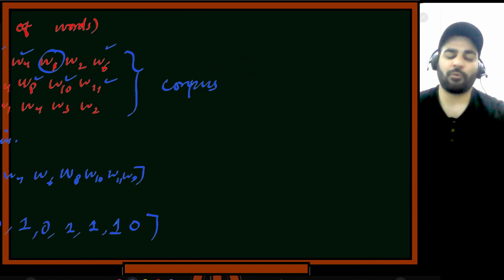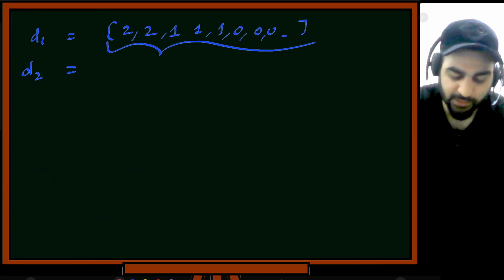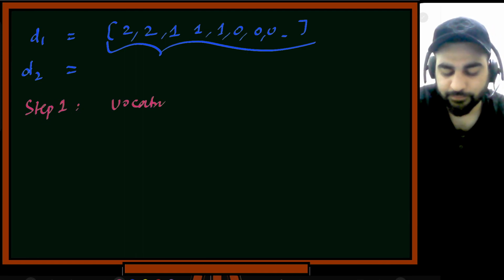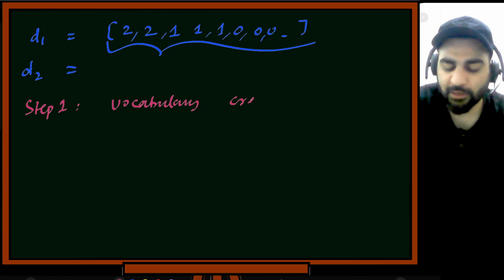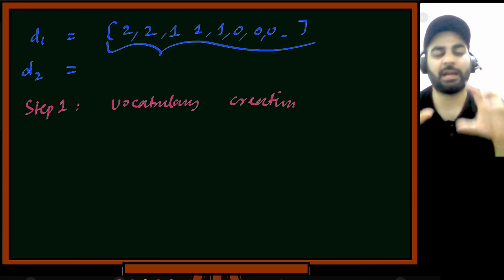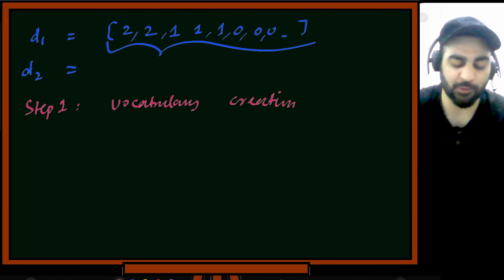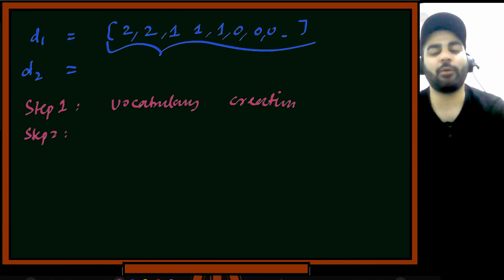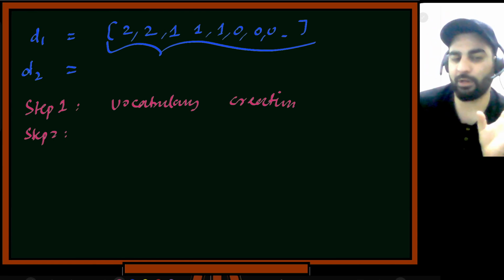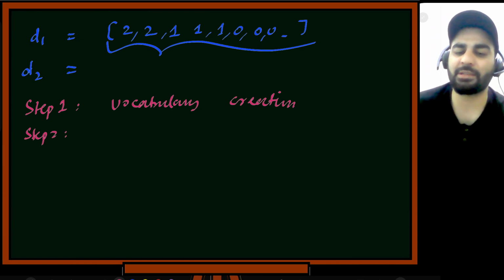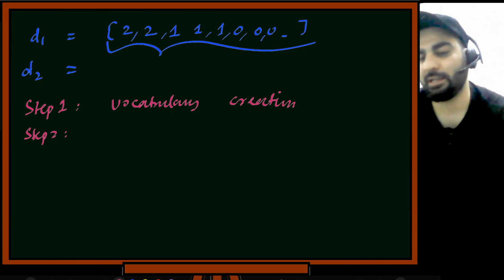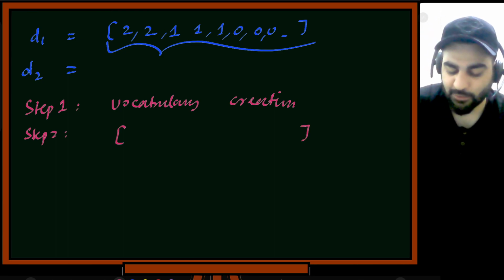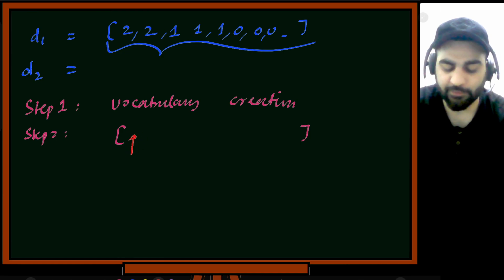So step 1 was vocabulary creation. In the vocabulary you see the whole corpus and get all the unique words out of it. Step 2 was, for each document in the corpus, it is represented as a numerical vector, where the length of the vector is equal to the size of the vocabulary.